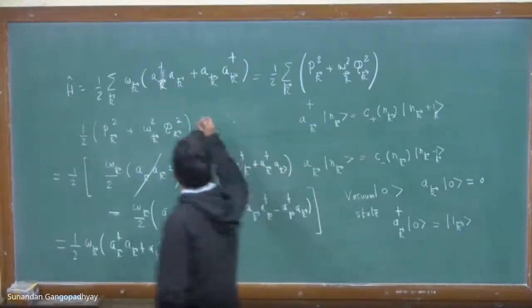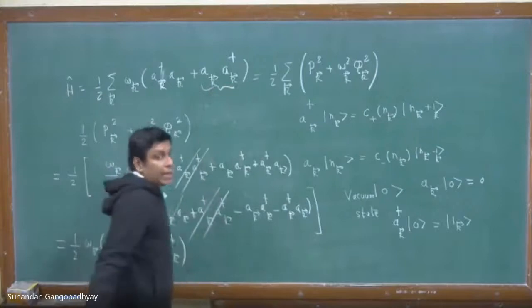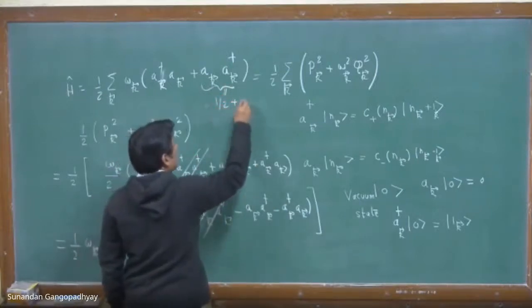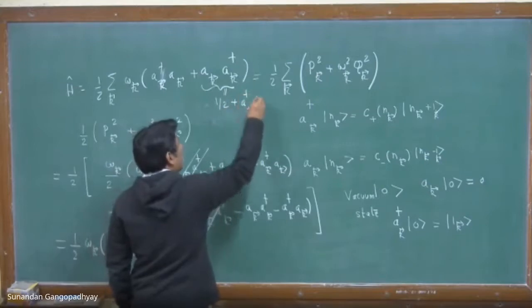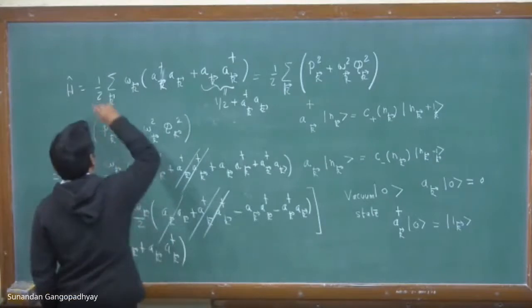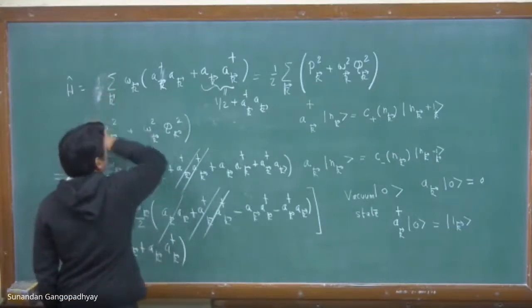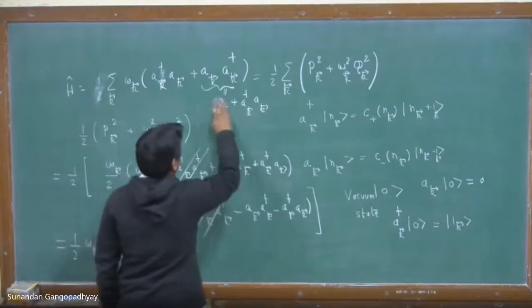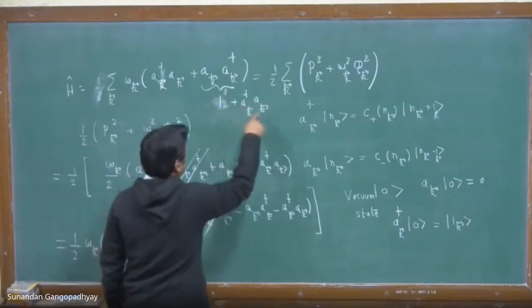If you use the commutation relation between ak and a dagger k, then you can write this term as half plus a dagger k ak, and this term adds up, and therefore what you get is the following: this half cancels, and this gives you a 1, not half. This is a 1 plus a dagger k ak.